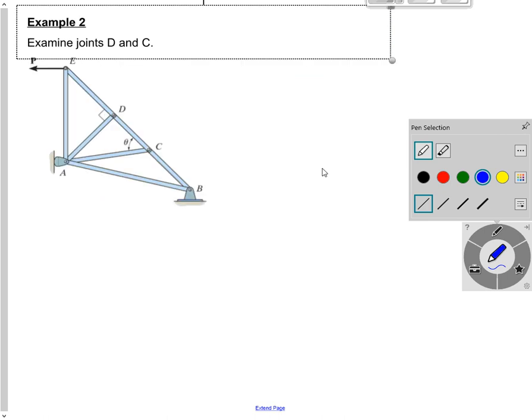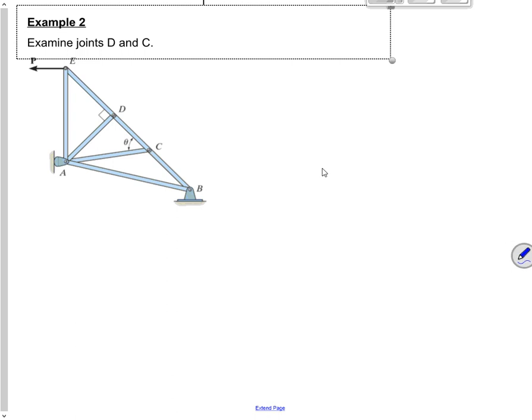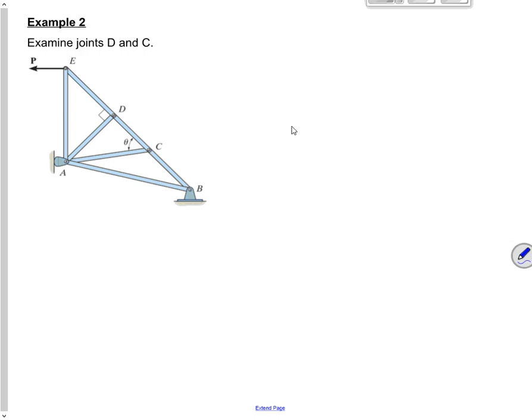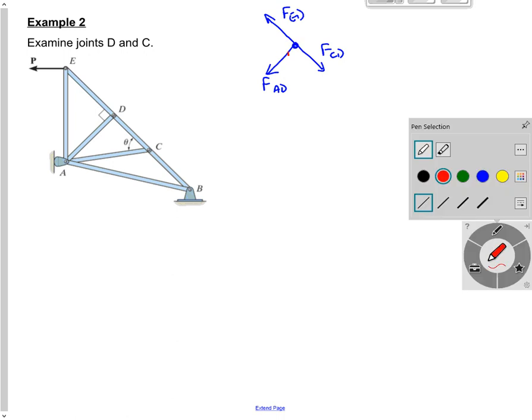Another example, we can look at joints C and D. At joint D, here's joint D. I can point out there's one pointing this way, one pointing this way, one pointing this way. Well, if FED is equal to FCD, the only way that can be in equilibrium is if that one is zero.